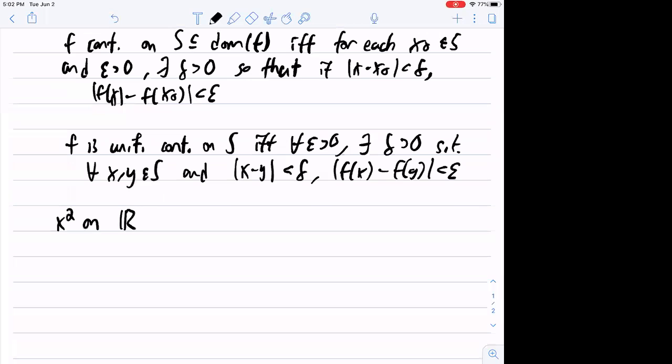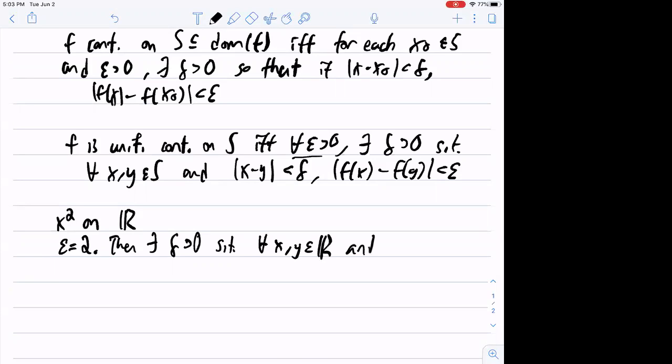If it was, then it has to hold for all epsilon. What's your favorite number? Let's say 2. So let's just pick epsilon equals 2. Then there exists delta bigger than 0, such that for all x, y in R, with |x minus y| less than delta, |f of x minus f of y| is less than 2, right?